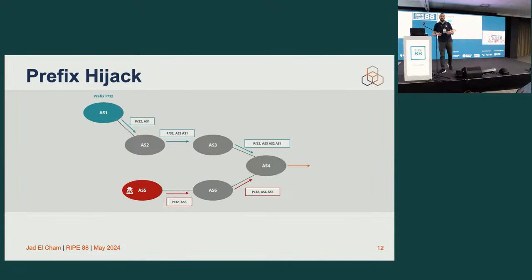As we know, in BGP, there's the best path algorithm, and there are different rules to consider. It's not always the shortest AS path that wins, right? So that's why it could be the case that some of the networks that are close to AS5 will decide to send their traffic to AS5, but some of the networks that are closer to AS1 might still decide to choose the legitimate path. And this is why we talk about not a global outage per se, but more of a localized outage.